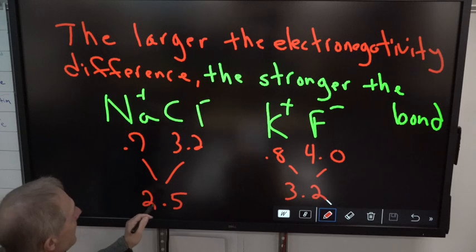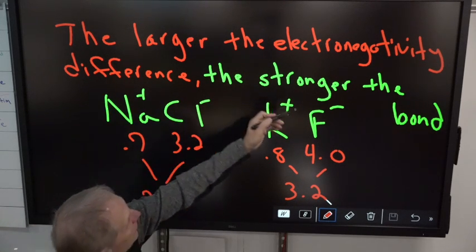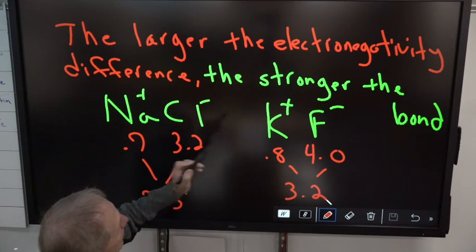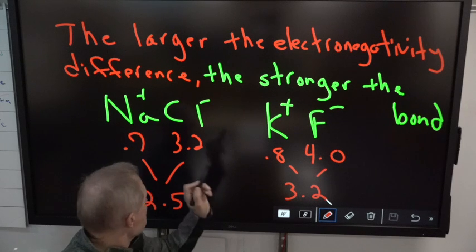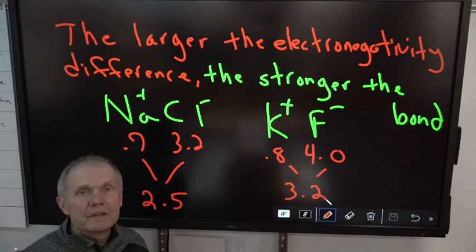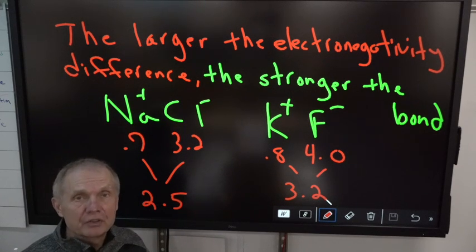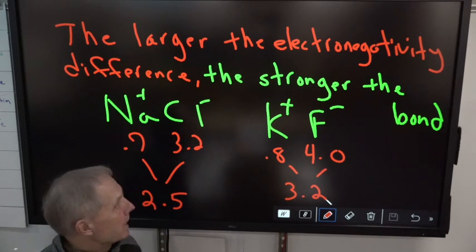So 2.5, 3.2. And it says the larger the electronegativity difference, the stronger the bond. So we know that KF at 3.2 is a much stronger bond than NaCl. So that's the way to figure out if the ionic compound is strong or not. Subtract the electronegativity differences. Okay?